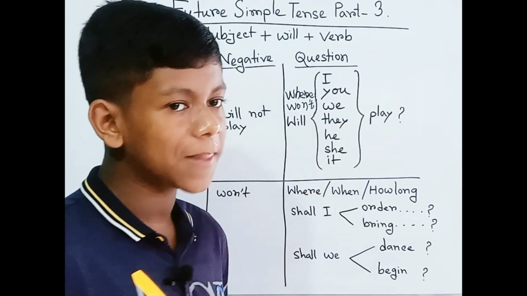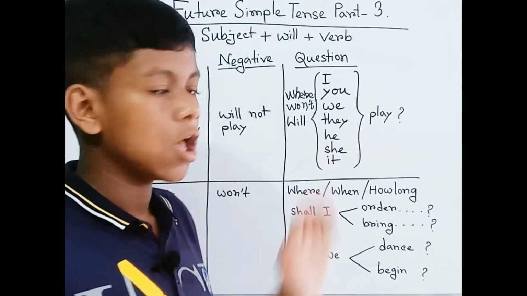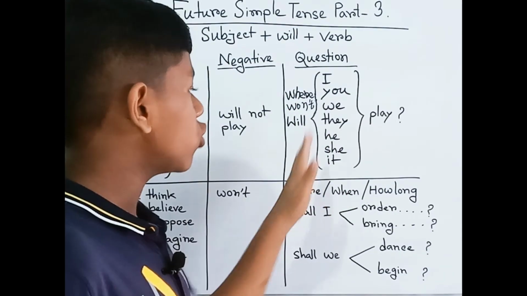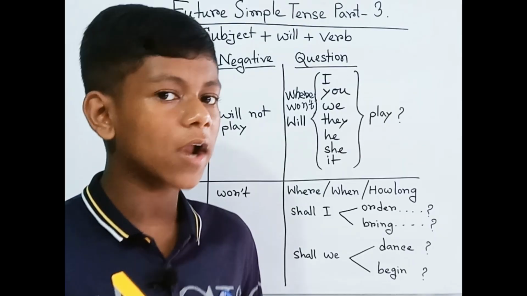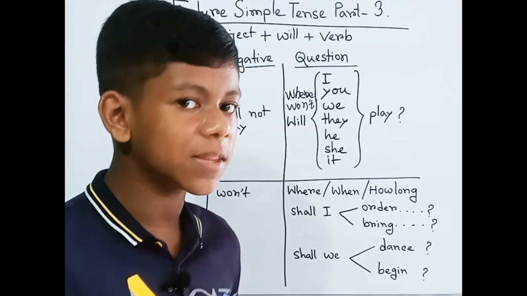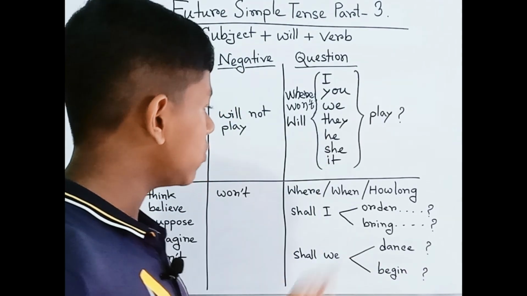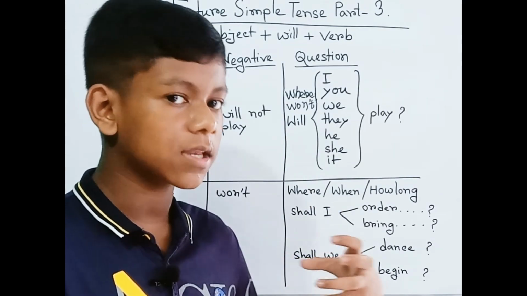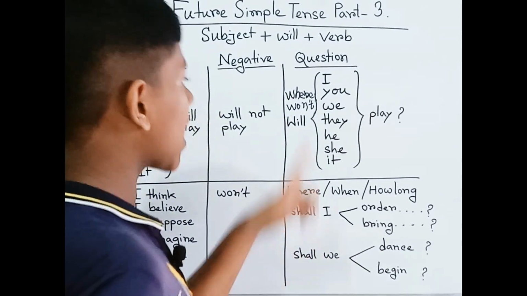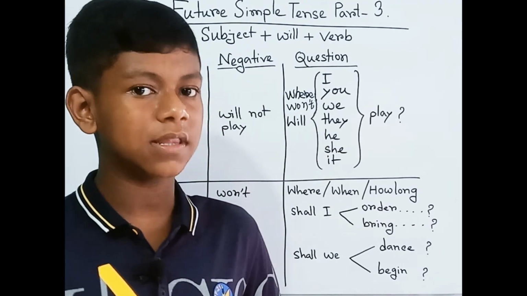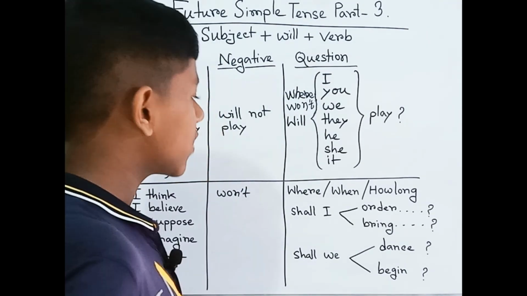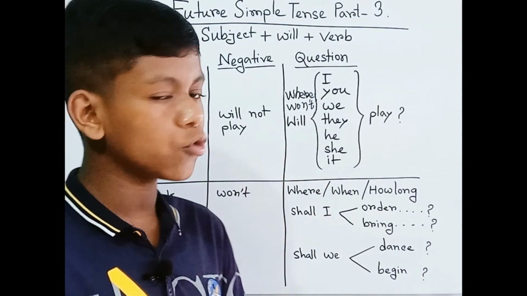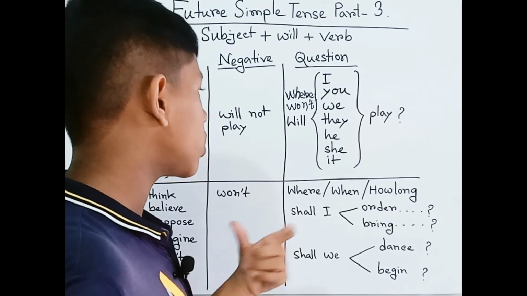Where won't you play? Where won't we play? Where won't they play? Where won't he play? Where won't she play? Where won't it play? Or where won't Corinne play? Where won't Lucy play? Like where, you can use many types of WH questions during the negative sentence in future simple tense with won't, because won't is the negative form of will. So we have understood. You can use it with when: when won't you play, when won't they play.